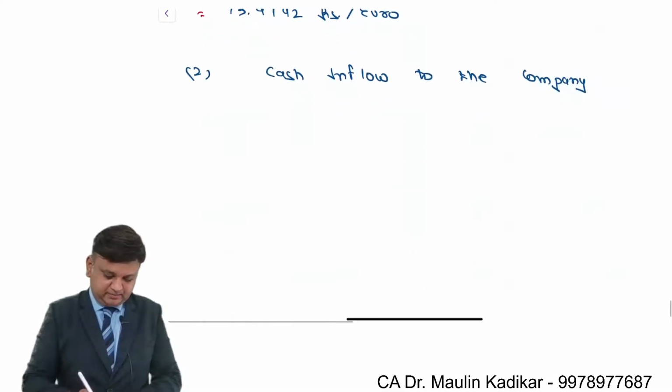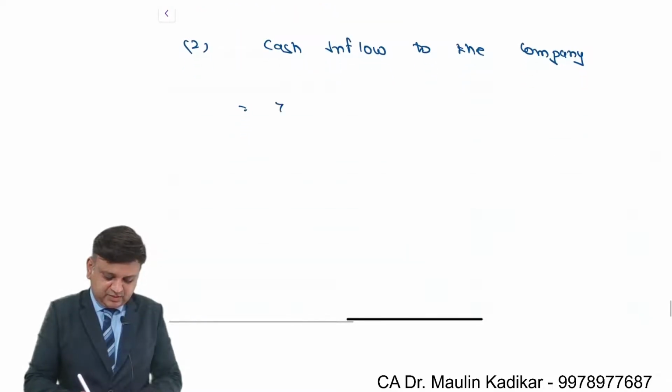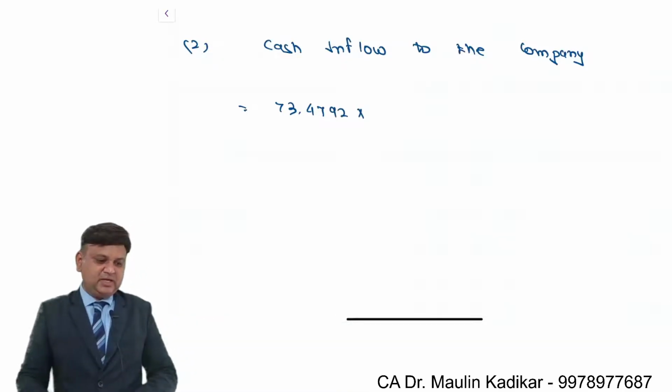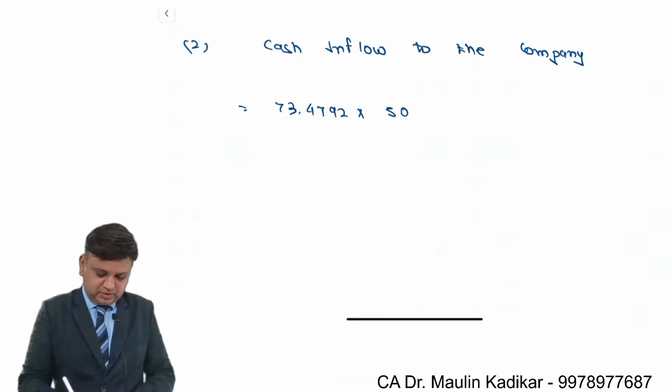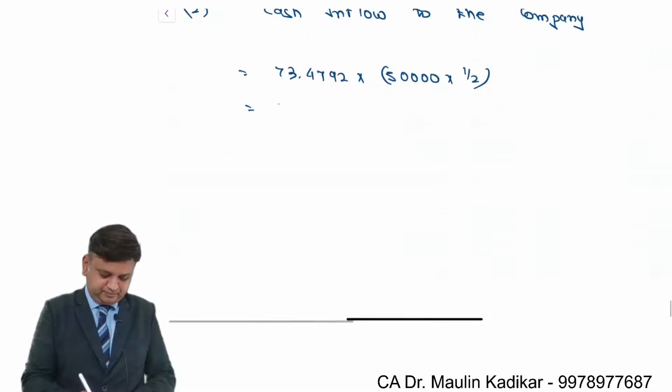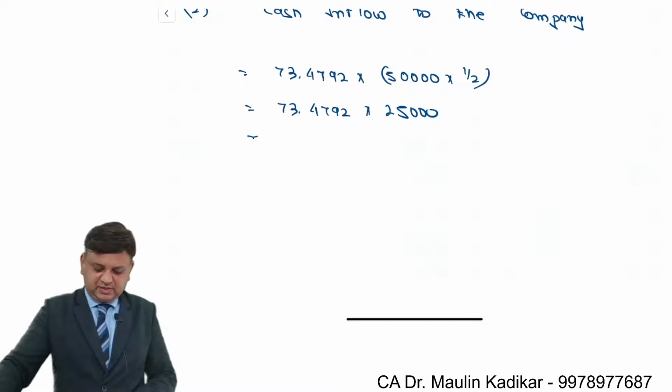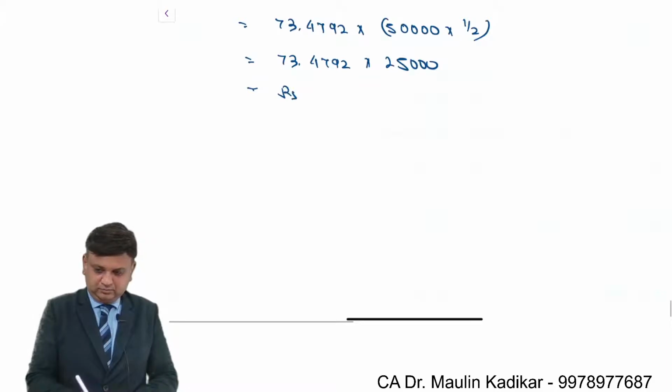So in that, 73.4792 into the amount of 25,000, that is 50,000 into 1 by 2. 73.4792 into 25,000 comes to 18 lakh 36,980.